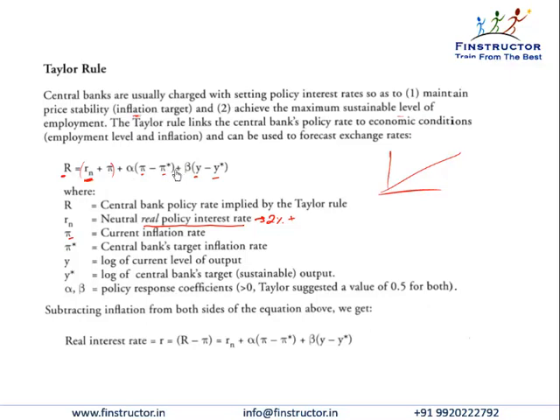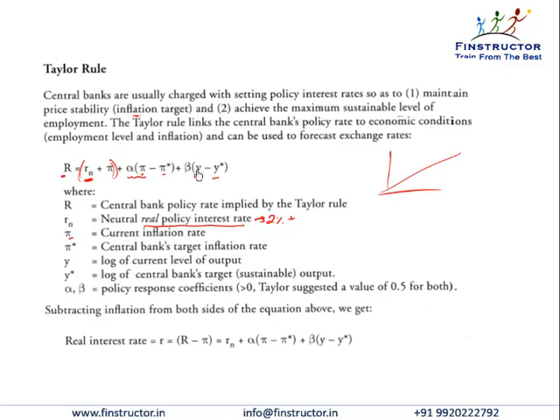On the other hand, if the inflation is much lower than the target, that means we need to stimulate the economy, we need to stimulate growth. Inflation still has a lot of headroom. Hence, interest rates would be lower, or this addition to the neutral rate plus inflation will be negative.